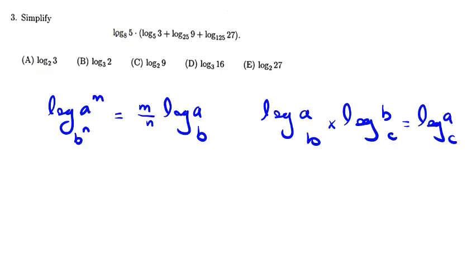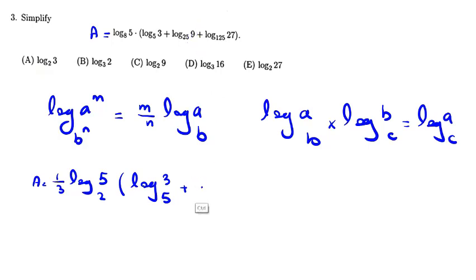Now let's consider this one. Log 8 is 2 to the power of 3. It will be 1 over 3 log, let me consider it is a. So a equals 1 over 3 log 5 in base 2 times log 3 in base 5 plus 1 is 3 squared, 5 squared, so 2 over 2 will be 1 log 3 base 5, and plus it's 3 cubed, 5 cubed, again 3 over 3 log 3 in base 5.